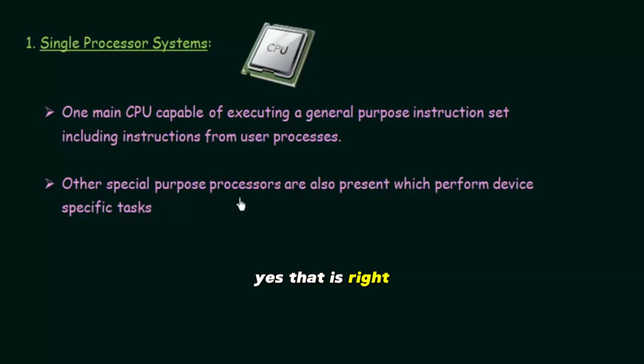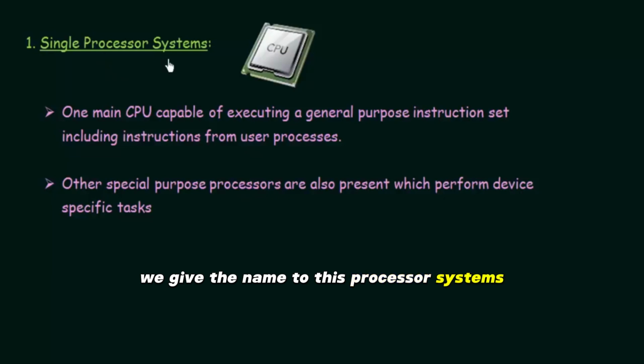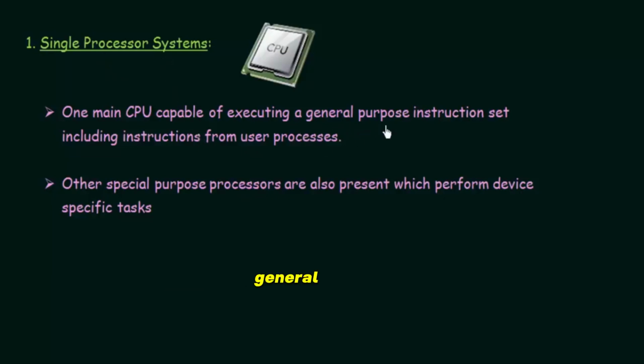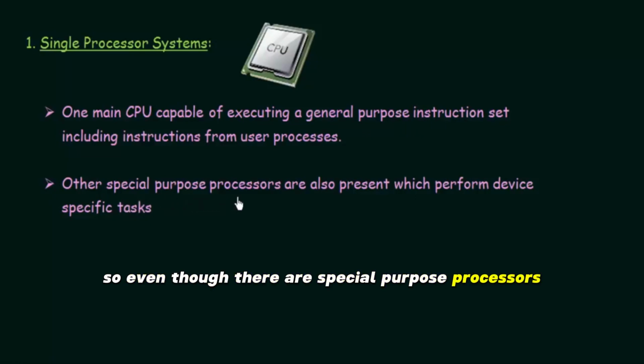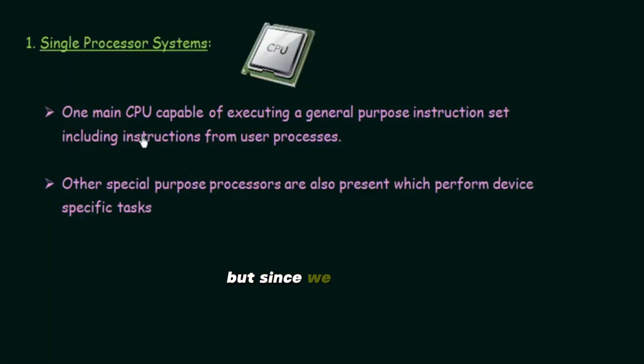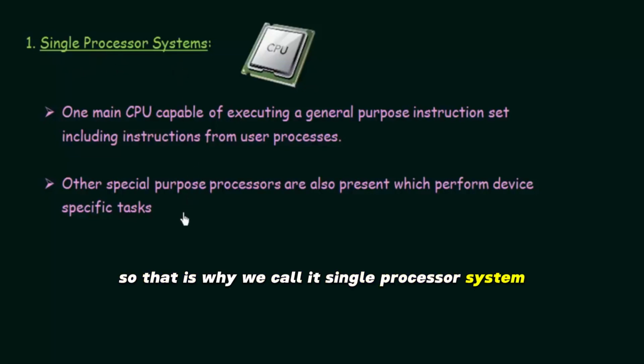Yes, that is right. But the answer to this is that we give the name to these processor systems based on the number of general-purpose processors that we have. So even though there are special-purpose processors which perform some little task specific to the devices, since we have only one general-purpose processor, we call it a single processor system. So that is why we call it a single processor system.